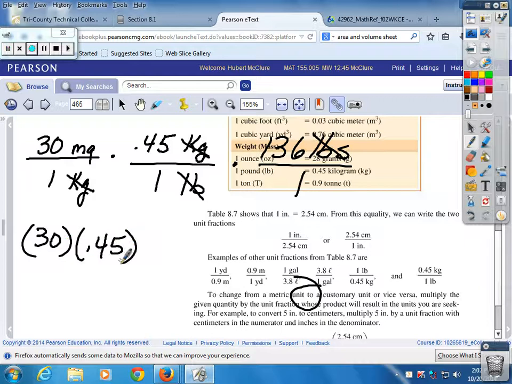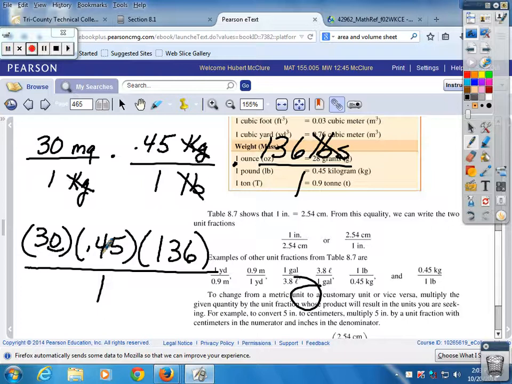which is not hard to do because that's about 15. And then times 136. I'll do the math for you right here because it's over 1. So it's basically this right here. Let's see. 30 times 0.45. If you was to do that in your head, 10% of 30 would be 3, so I think that'd be close to 15, wouldn't it?